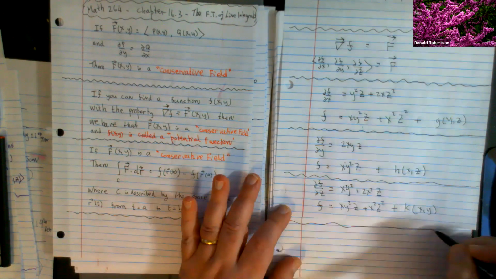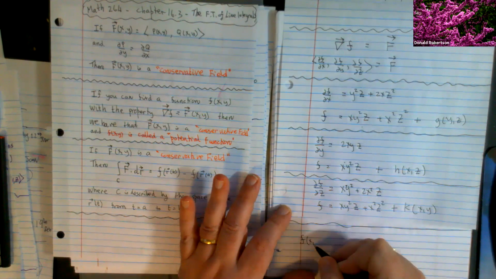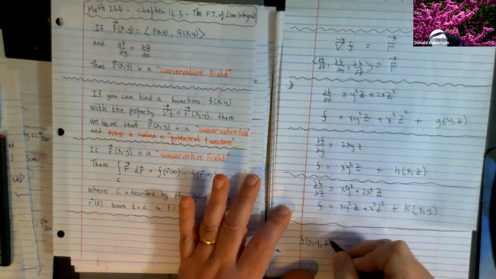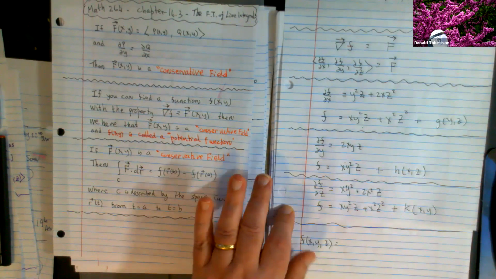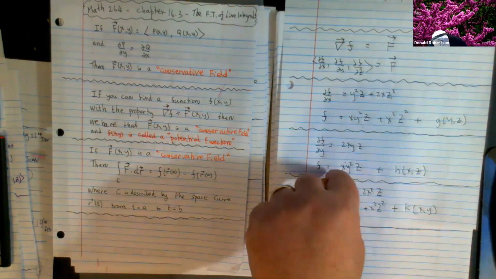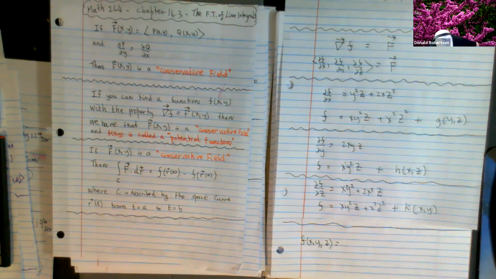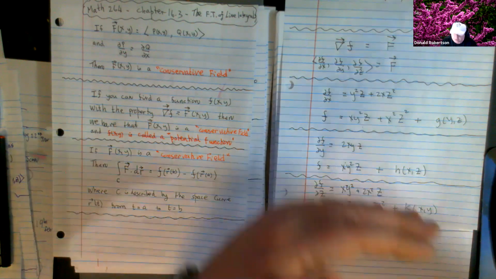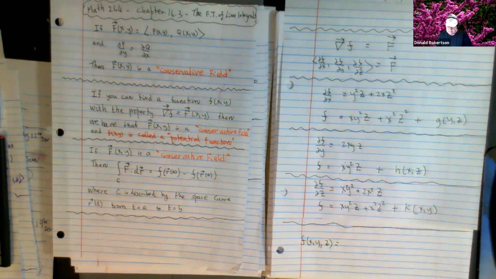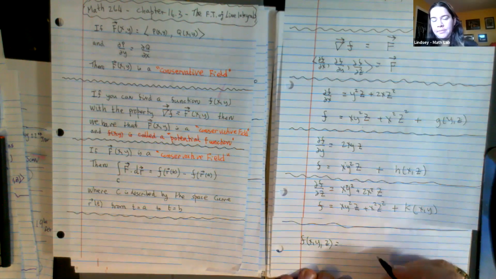Now we need the potential function. It's made up of this, it's made up of this, and it's made up of this. So we have to figure out what that's like when you put it all together. Okay. Start shooting some stuff out at me here. What will you get? Give me a term. Squared z.